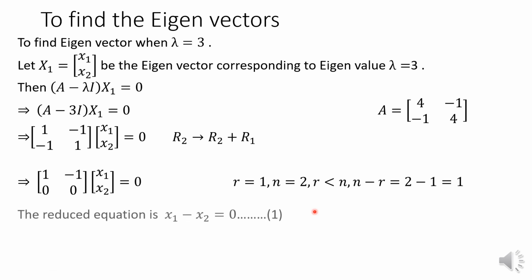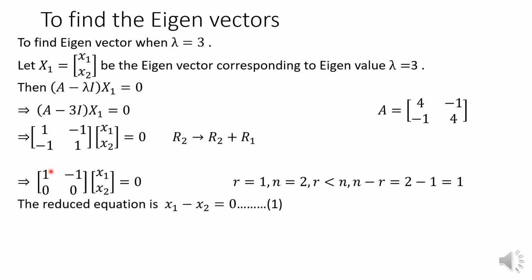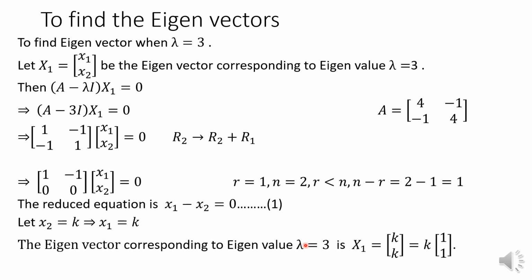The reduced equation you write down: x1 minus x2 is equal to 0. You put x2 equal to k, so therefore x1 is also k. Therefore the eigenvector corresponding to lambda equal to 3 is X1 = (k, k), that is, taking k outside, (1, 1). This is the eigenvector corresponding to lambda equal to 3.